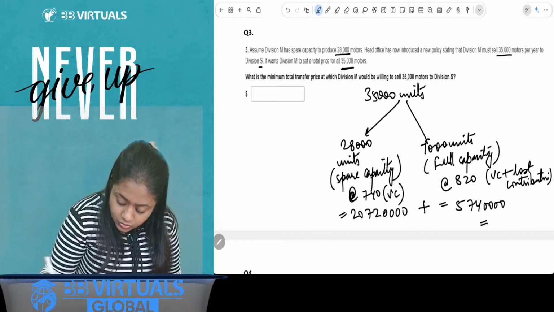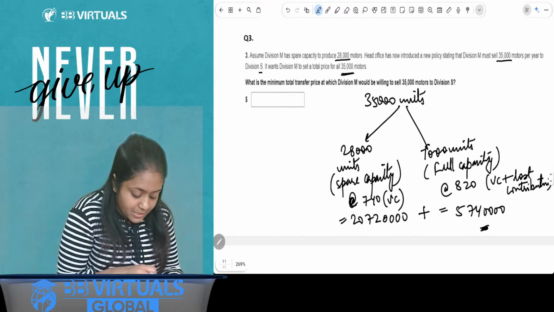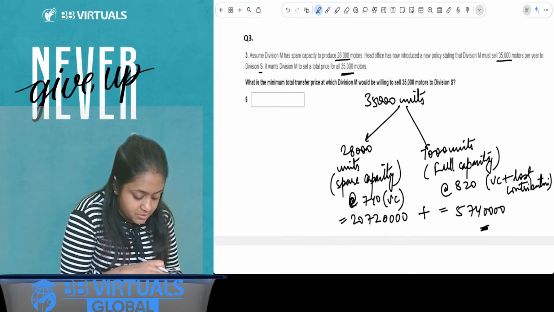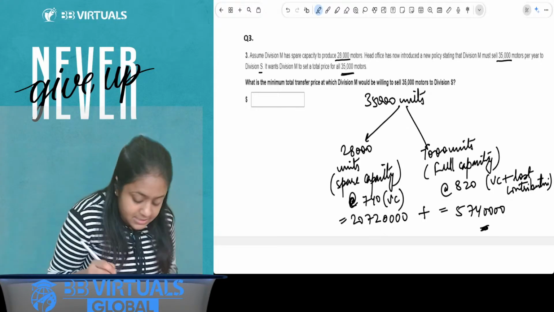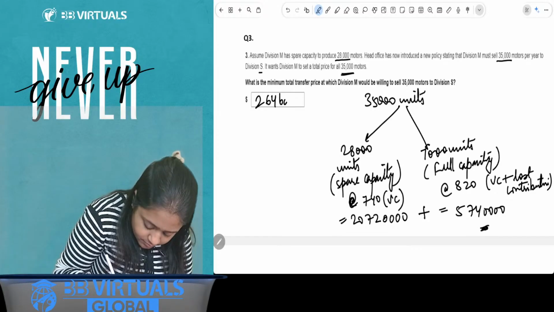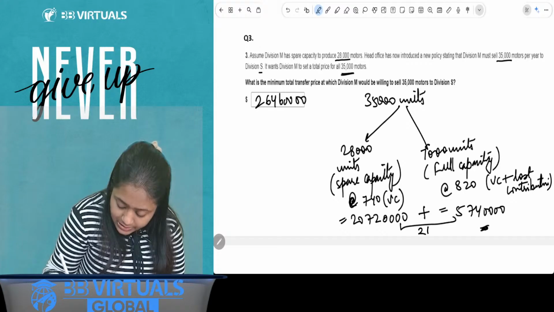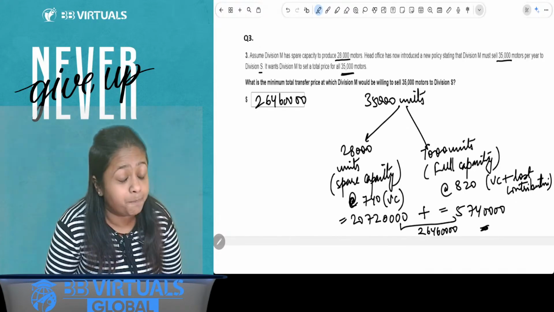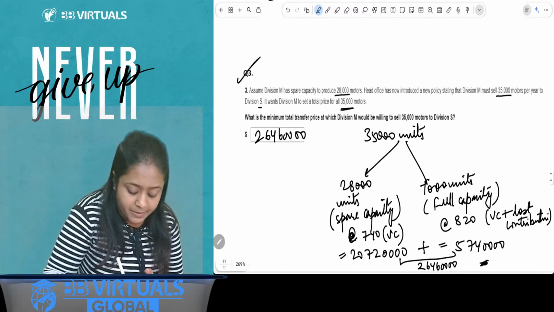When you add the two, the total figure that you will get would be 26,460,000. I'm sure now it is absolutely crystal clear to everybody how we are handling the transfer price cases.